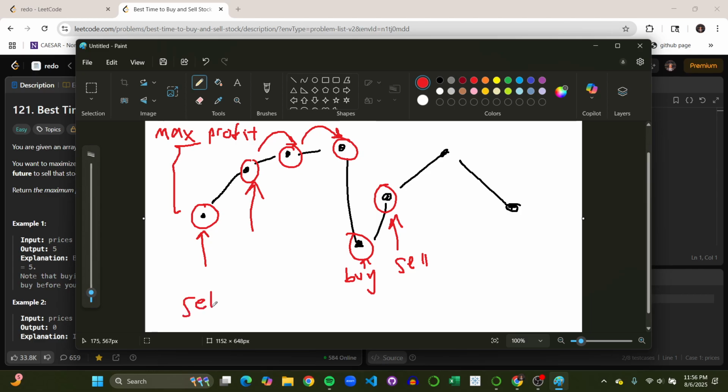So what you'll also check for is if sell minus buy is greater than 0, then you check if sell minus buy is greater than max profit, right?